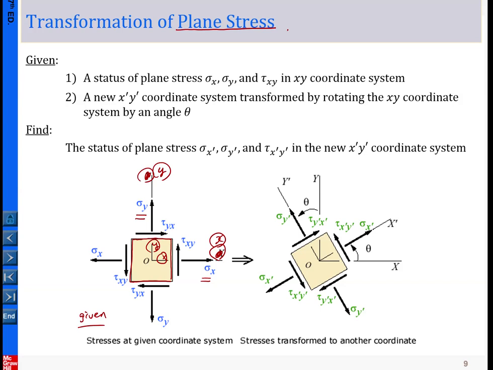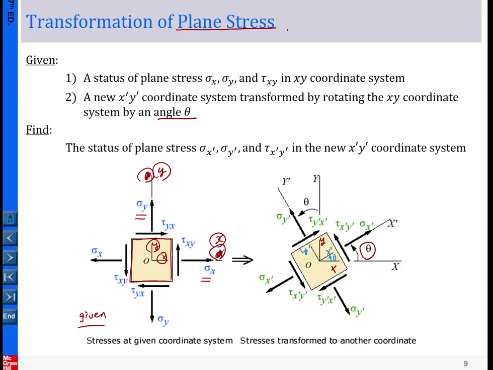And one more thing, you are given, or you design, or you choose an angle theta. You choose this angle theta such that this is our original coordinate system, and our new coordinate system, let me call it x prime, y prime. Between them, the angle is theta.